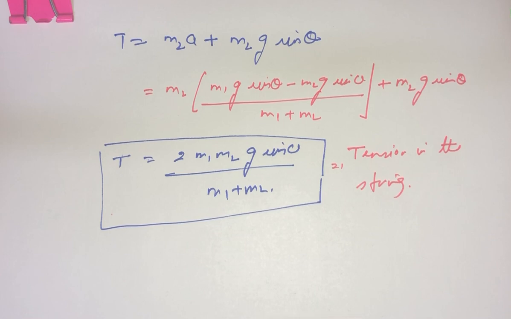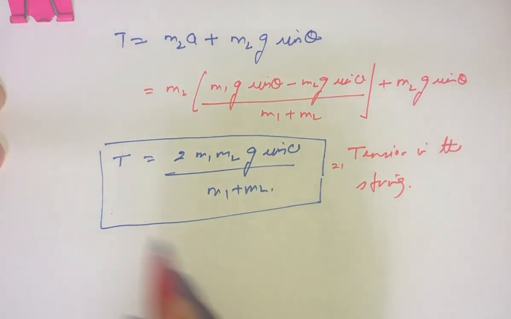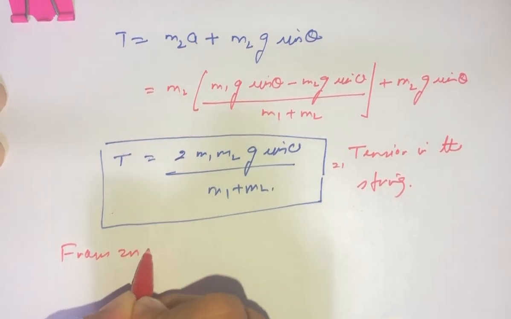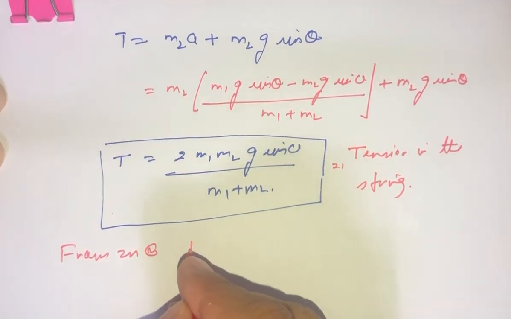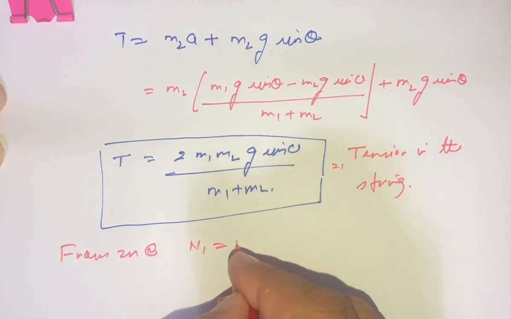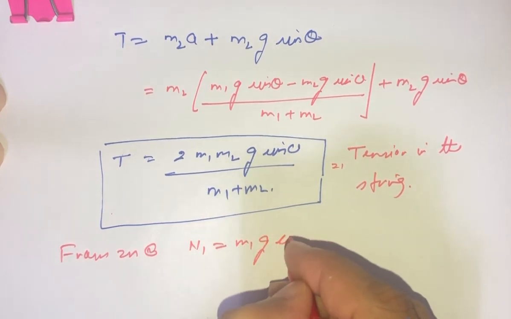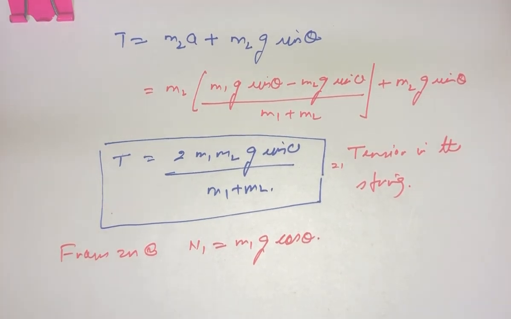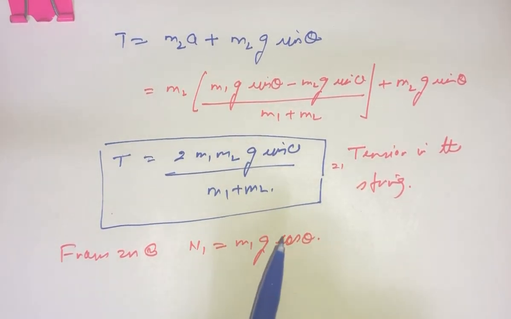We already know the equation, equation number 2, so from equation 2 we have n1 is equal to m1 g cos of theta. We have to find out the force exerted by m1 on m2.